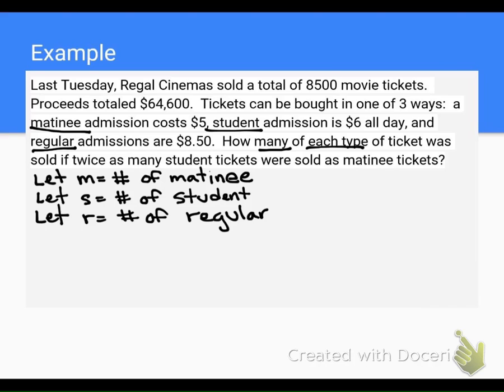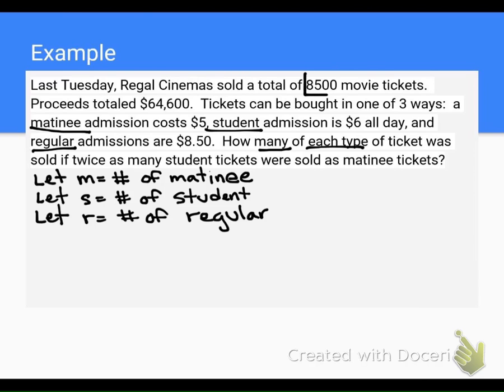Alright, so then we want to pull out the important information from this problem in order to create 3 equations, right? When we have 3 variables, we need 3 equations. The first sentence says that they sold a total of 8,500 movie tickets.